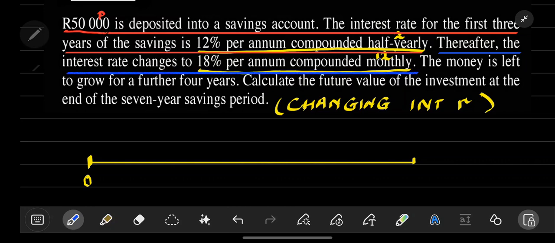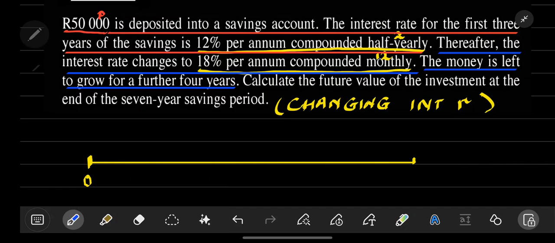The statement after the full stop here still goes with the 18%, so the blue statement. So you have two statements here. The first 3 years is the red part, and the 4 years is the blue part.